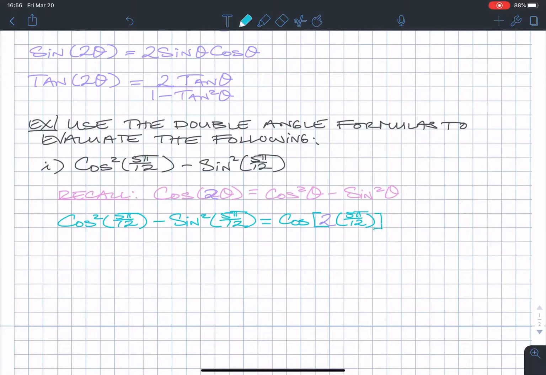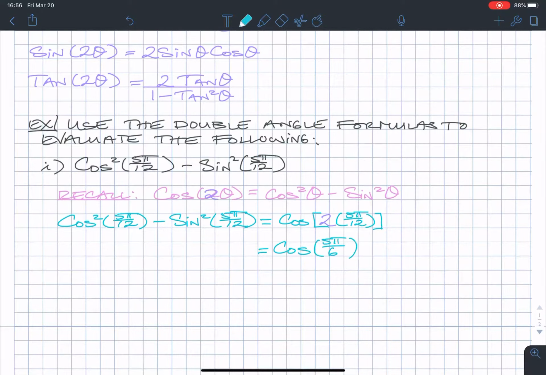It's the double angle formula. So that reduces, 2 over 12 reduces to 6. So cosine of 5 pi over 6 is the 30-degree reference angle in quadrant 2. So that's negative root 3 over 2.